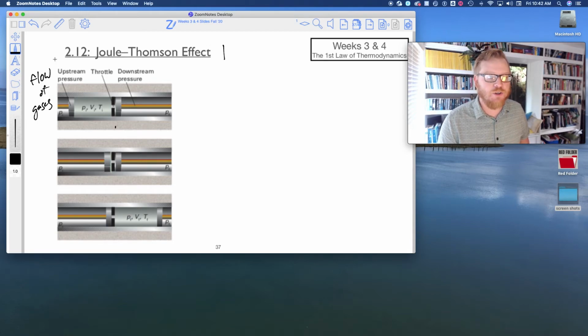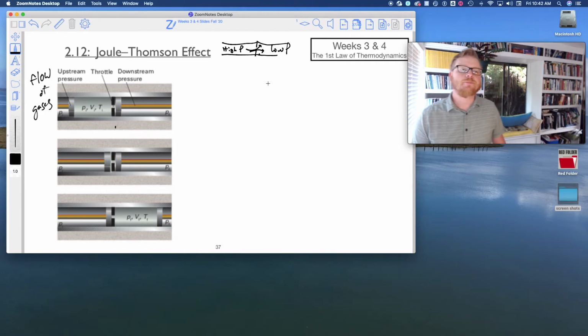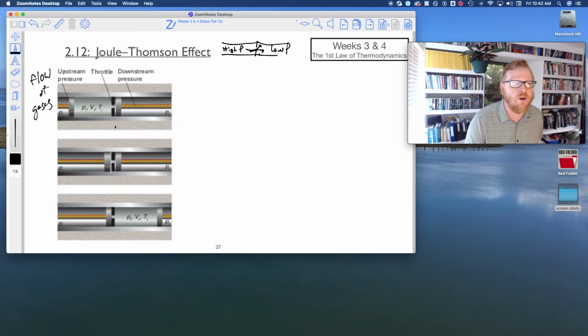So imagine I've got a tube here, okay, and that's what's pictured down there, right? And I'll describe how the picture of the tube differs from the picture that I'm drawing, okay? So, and I'll say high P and low P, and you have this tiny little open nozzle that we call a throttle.